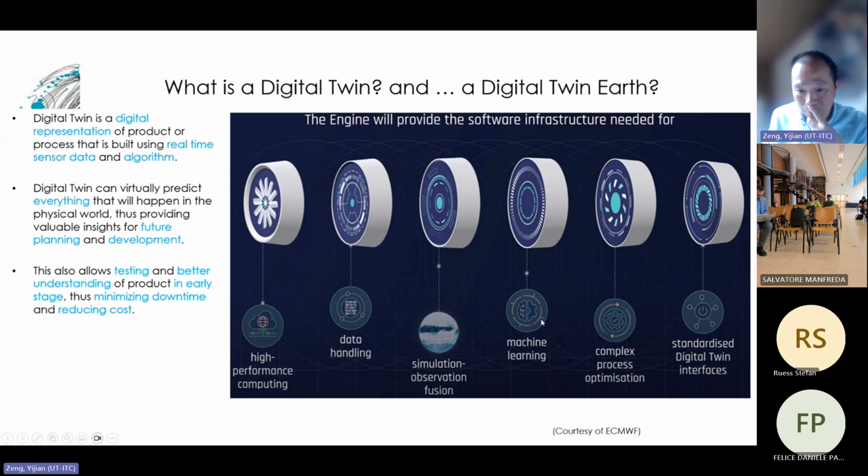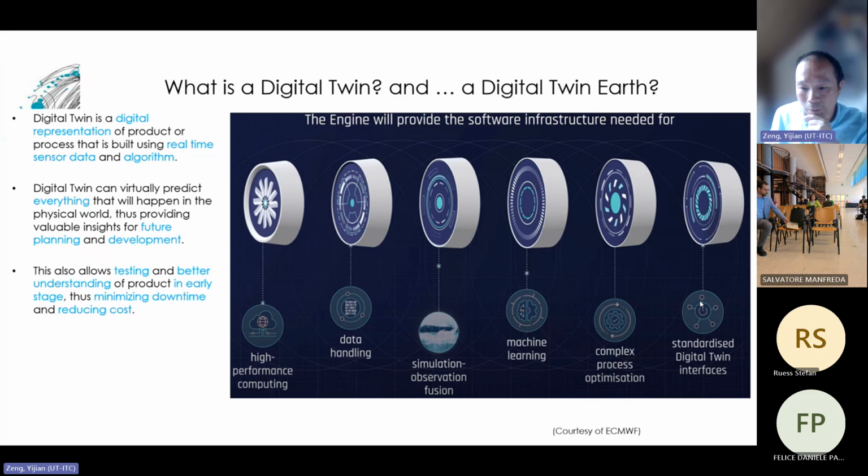And then, as I mentioned before, machine learning is really needed because process-based modeling is very time-consuming and expensive. Now ECMWF is also embracing machine learning more and more. They lately just released AI IFS, an artificial intelligence IFS. IFS means Integrated Forecast System.